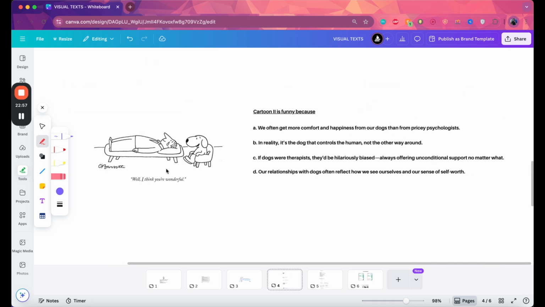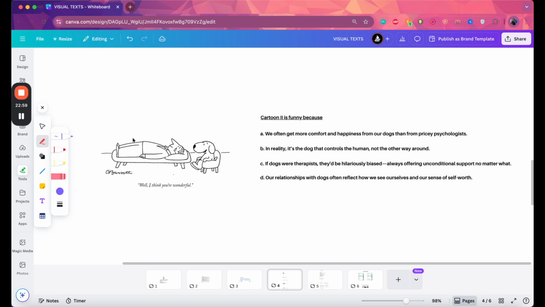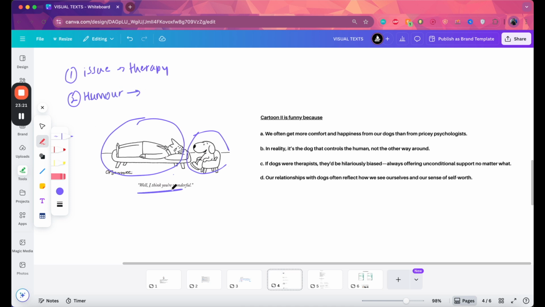Okay, so this is another one very similar to the previous one. Another person is laying down, and this is the therapist, or at least the dog in the place of the therapist. The issue is still going to be therapy. The humor in this case is, "Well, I think you're wonderful."